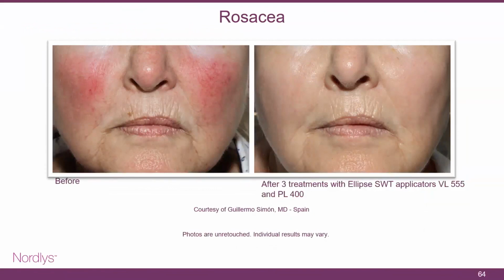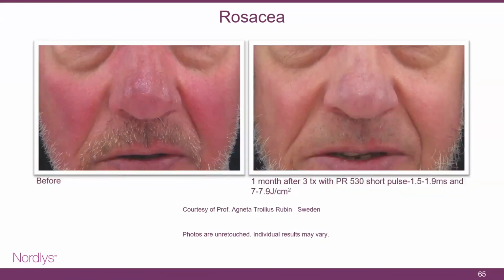So combination here of the 555 and also what we call our PL 400, which is close to the infrared light spectrum. Nice clearance, 3 treatments here.